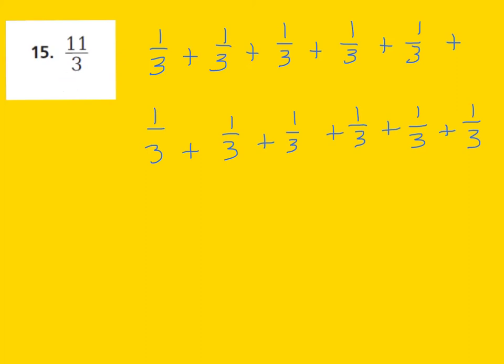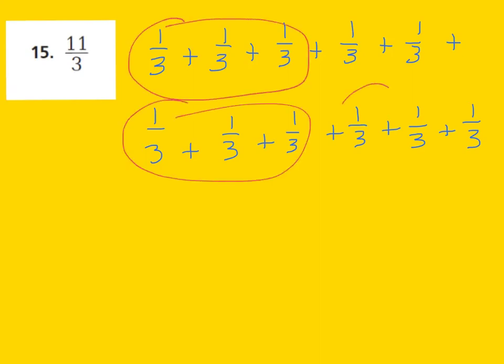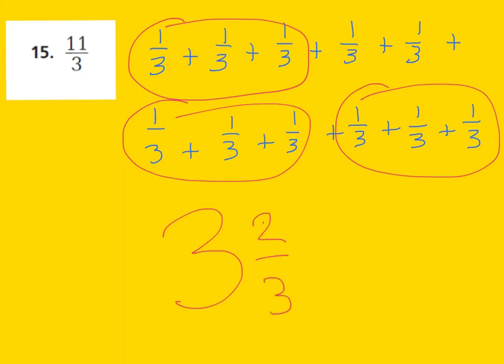So I'm going to go ahead and group 3/3. There's one whole, there's one whole, and here's one whole. So as you can see, we have one whole, two wholes, three wholes, and I have 2/3 left over right up here. So 11/3 is the same thing as 3 wholes and 2/3.